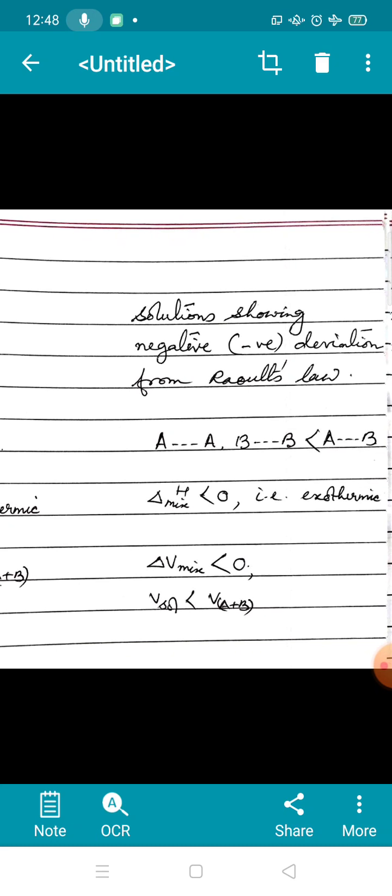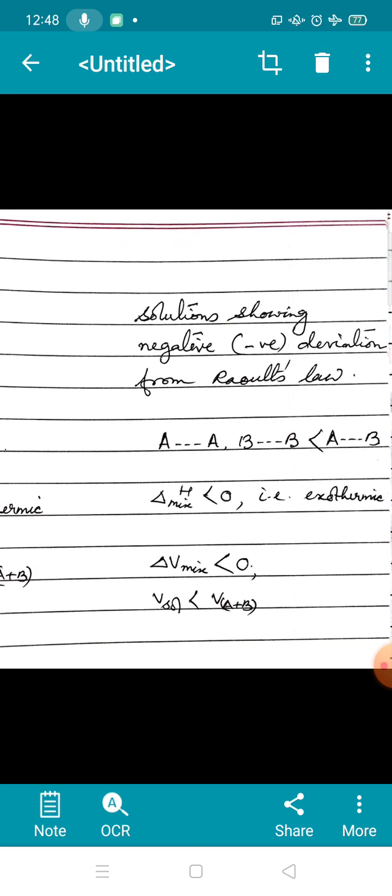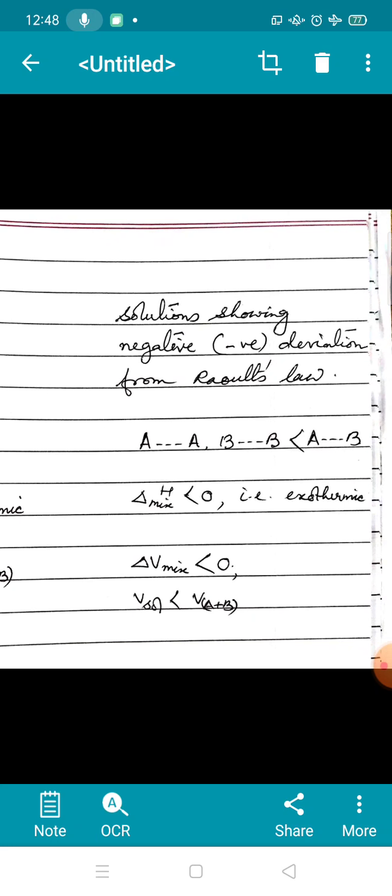Now, since the molecules are coming closer, what will happen to the final volume? The difference in the final volume will be less than 0. So suppose I give you a question: 10 ml of A and 10 ml of B are mixed and the final volume is found to be 19.8 ml. What kind of deviation does it show from Raoult's law?